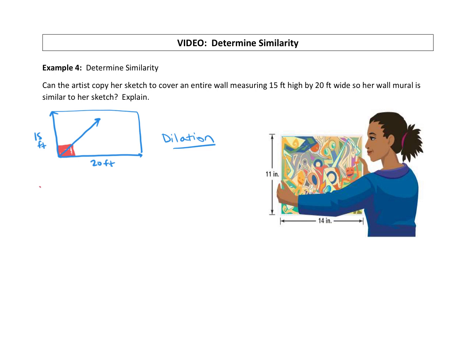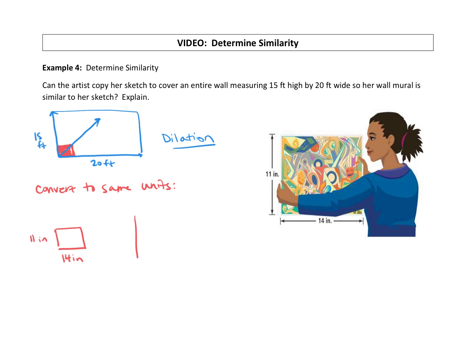So in order to do this, we are going to want to convert to the same units. When you convert to the same units, it is always easier to work with the smaller units. So our smaller units are inches. Her sketch is 14 inches long and 11 inches high.